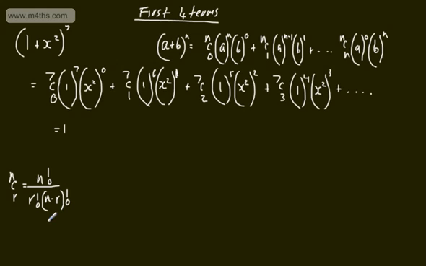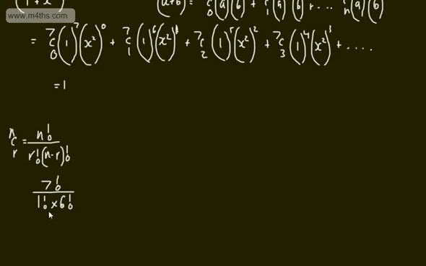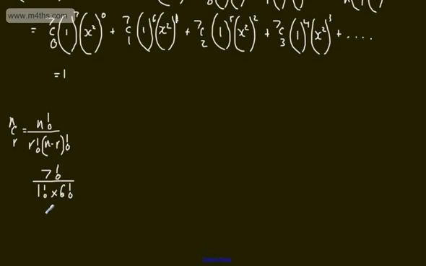So essentially what we got here now is 7 factorial over now 1 factorial multiplied by 6 factorial. And as we can see, 7c1 will give us the same value as 7c6, as these quite clearly are going to be the same. So essentially what we have here is 7 times 6 factorial in the numerator. As we looked at in the last video, 7 factorial is 7 times 6 times 5 times 4 times 3 times 2 times 1.